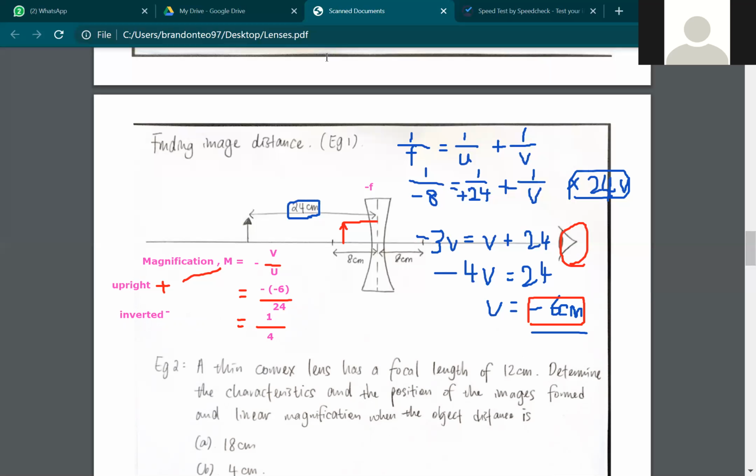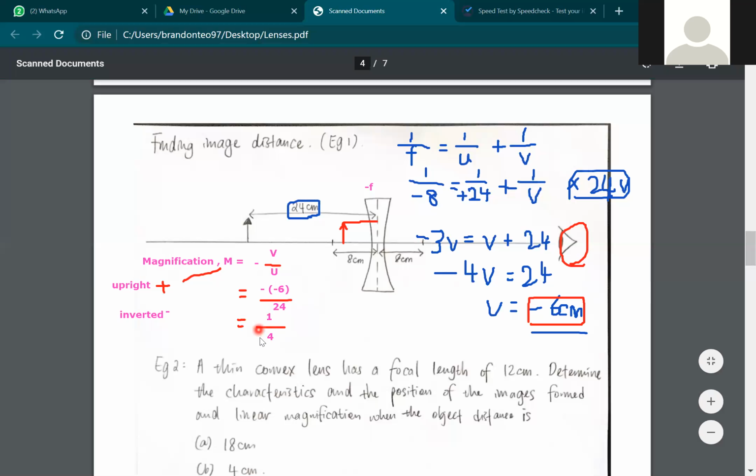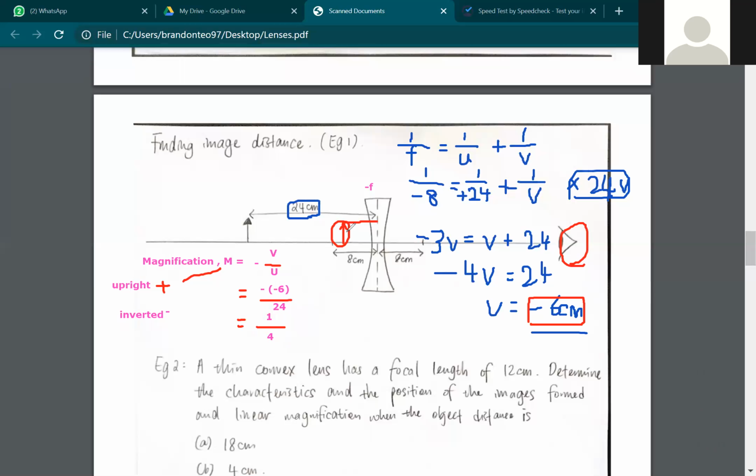So if you see this one, we got 1 over 4. 1 over 4 means it becomes smaller, about 25% of the original size, 1/4 of the size. But we do know that it is upright because it is positive 1 over 4. So the image that I drew here, I have to make sure it looks 1/4 the size.